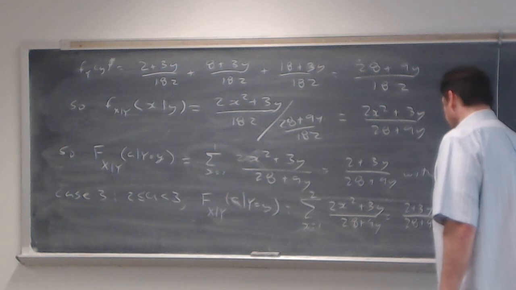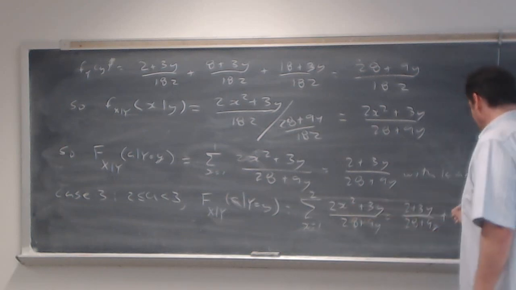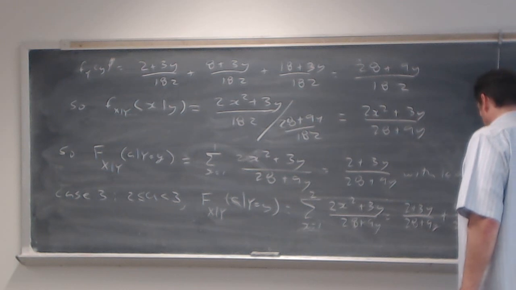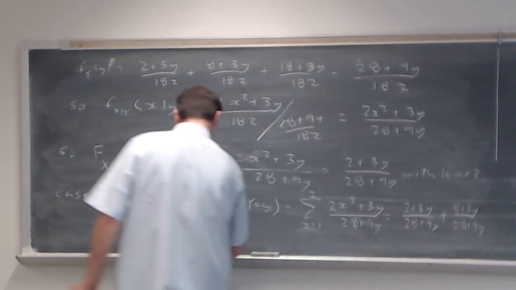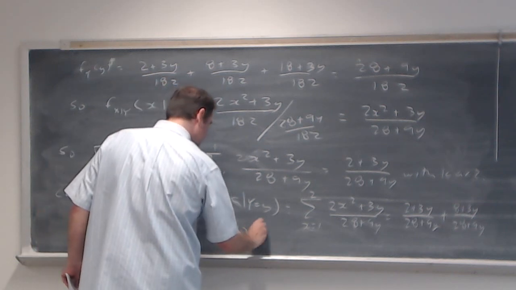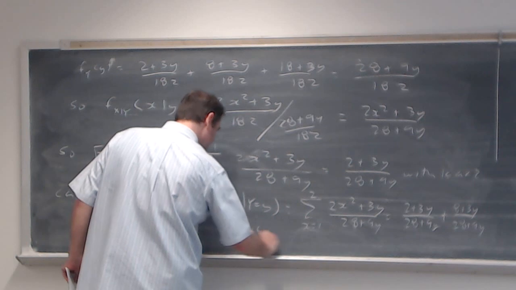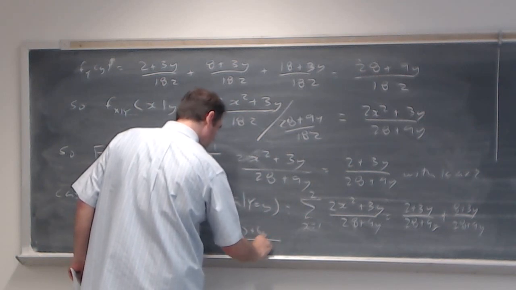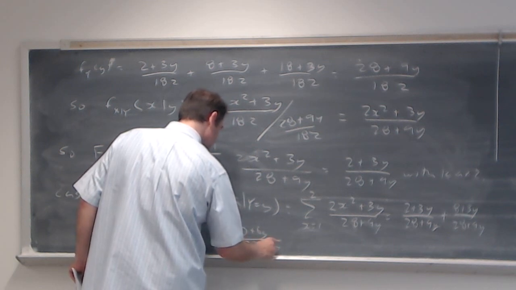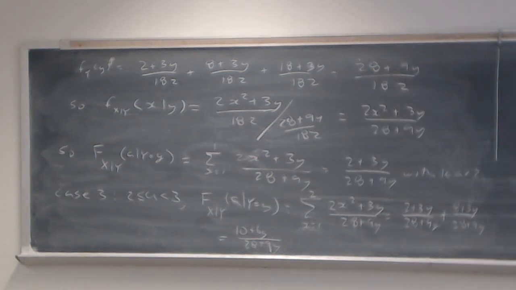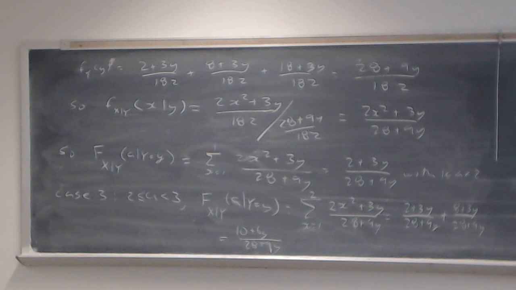And then plus, when x is 2, it's going to be 8 plus 3y over 28 plus 9y. So we end up getting 10 plus 6y over 28 plus 9y. So that's what the conditional cumulative distribution function is when a is sandwiched between 2 and 3.